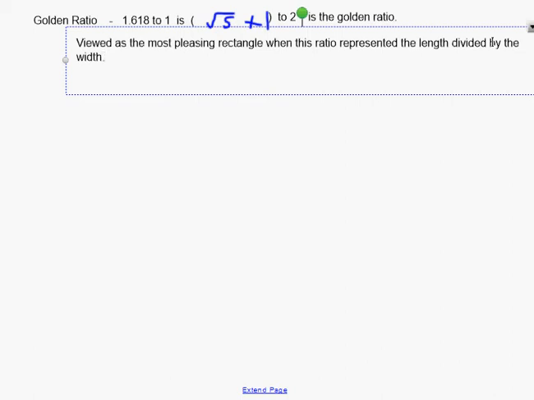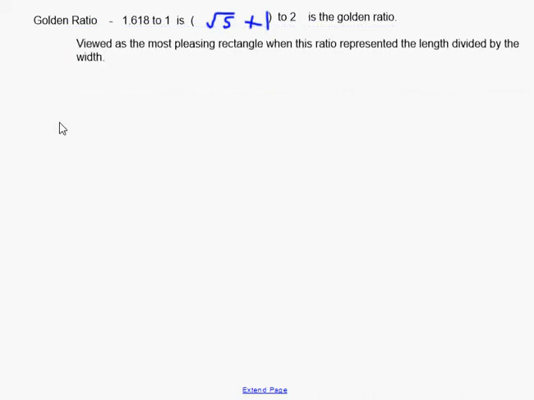The United Nations building in New York City follows the golden ratio, and the ratio of the length to width matches this, the 1.61821.